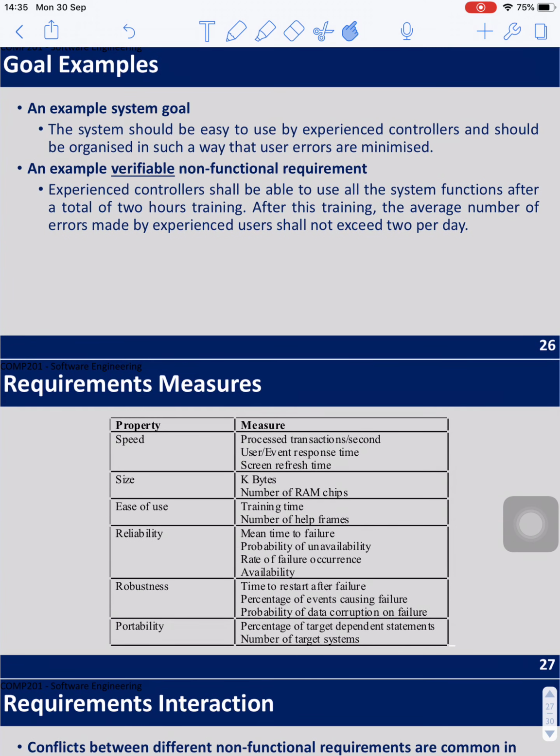For example, the system goal: the system should be easy to use by experienced controllers and should be organized in a way such that user errors are minimized. The testable version: experienced controllers shall be able to use all the system functions after a total of 2 hours of training. Yeah, it's just like whether they can use it or not.